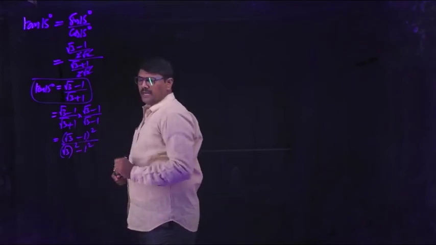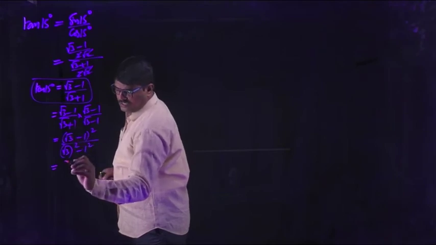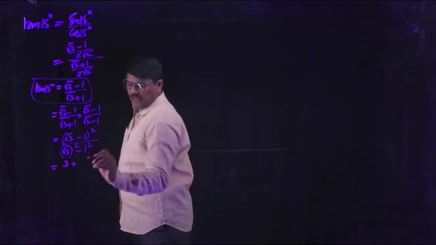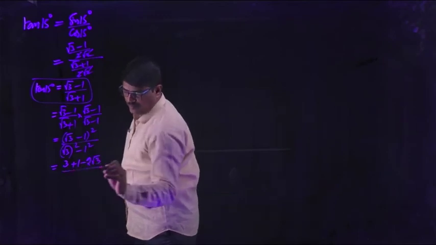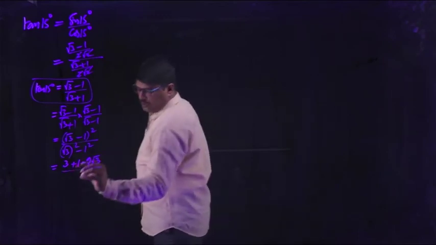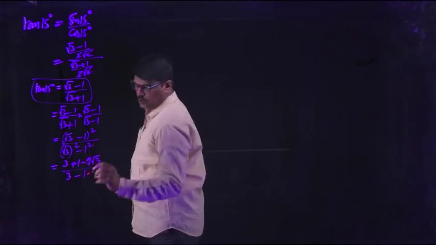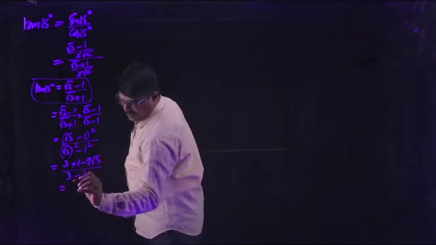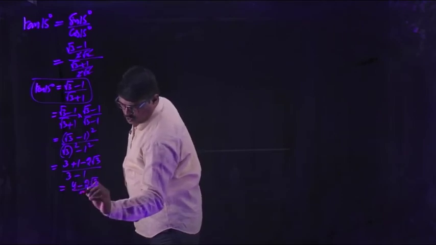Treating the numerator as a minus b whole square: a square, root 3 whole square, is 3, plus b square, 1 square is 1, minus 2ab, which is 2 root 3. Applying the a minus b whole square formula: 3 plus 1, 4, minus 2 root 3, by 3 minus 1, which is 2.